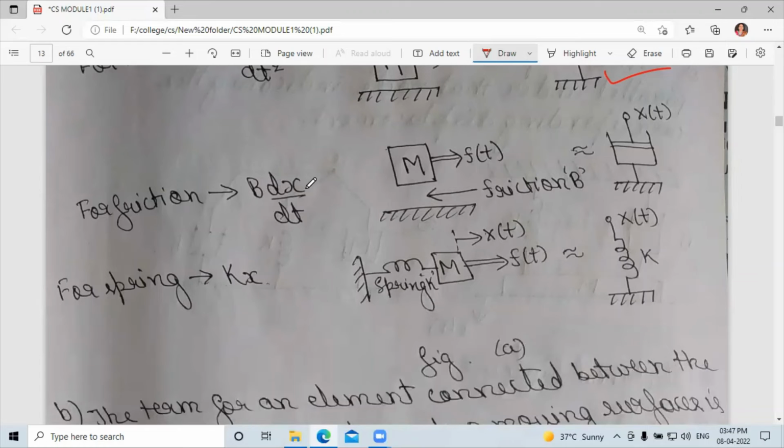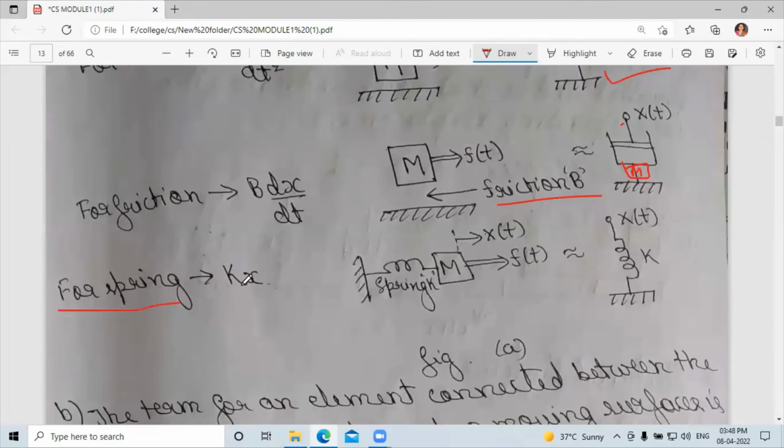For friction, b into dx divided by dt, and they indicate it like this with this symbol. X of t is connected to friction and also to ground. From the mass we can give the connection to the friction.